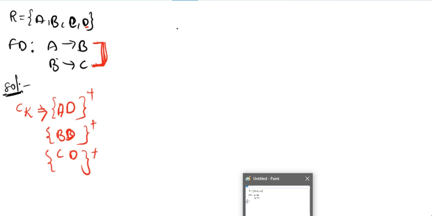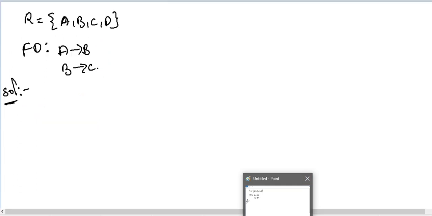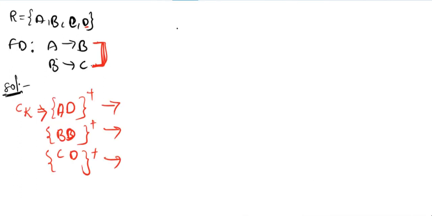First, AD: A is determining B, A is determining C, and A is determining D. These two functional dependencies tell us A determines B and B determines C. That's why AD closure is determining all of these.